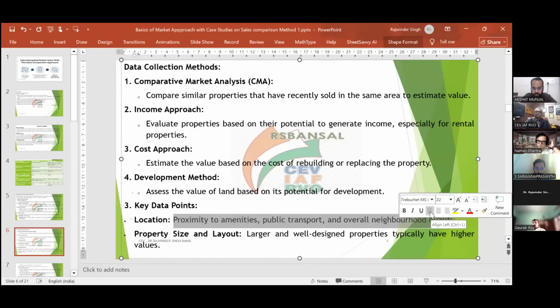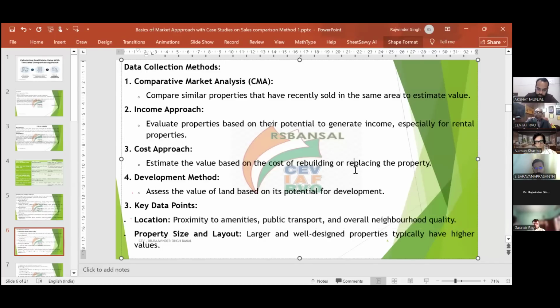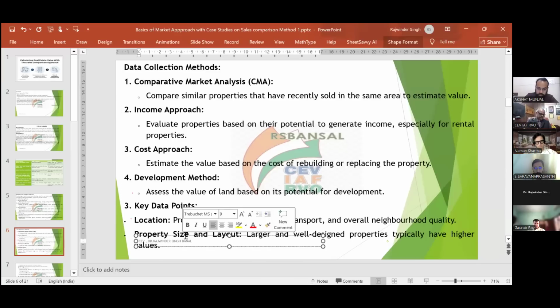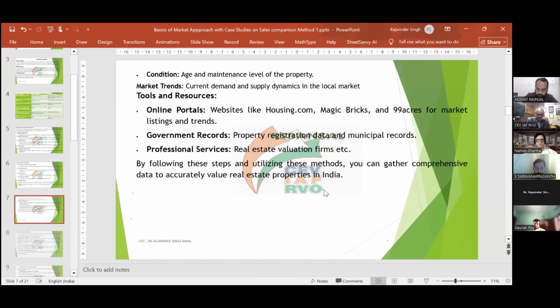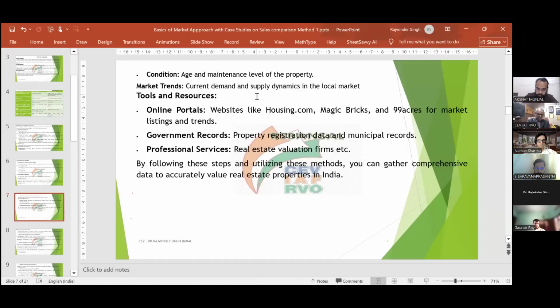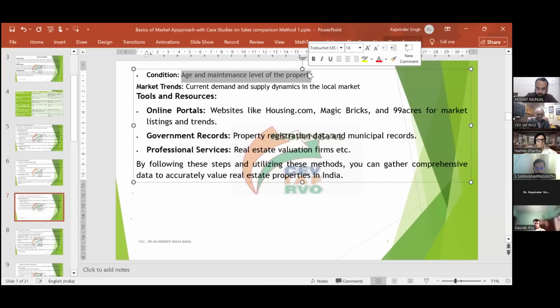And then you have to collect the data about the property, as we have already discussed, the size and layout. Then the age and maintenance of the property of which you are doing valuation and of the similar properties.